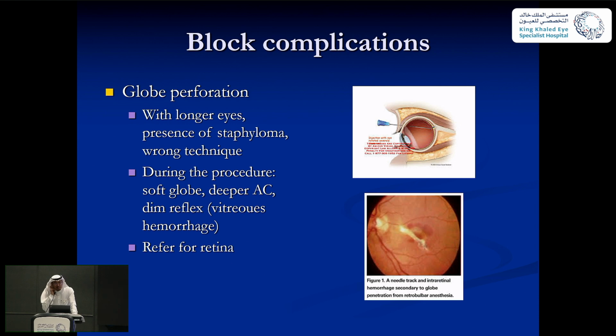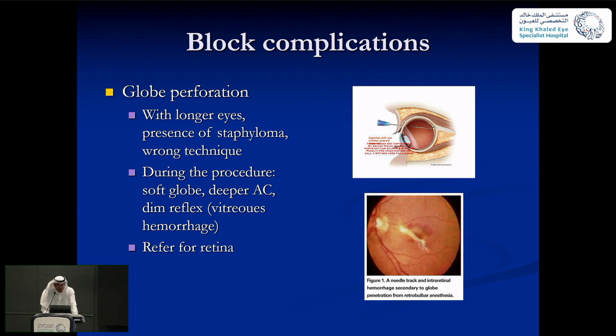The patient will feel very severe pain, but what if not? If we went ahead and did the operation, we will notice that the globe is soft, and the AC is deeper than usual, and there will be a dim reflex due to vitreous hemorrhage, because when the needle goes inside, it causes some vitreous hemorrhage, and you can see this in the red reflex if the patient originally doesn't have a vitreous hemorrhage.